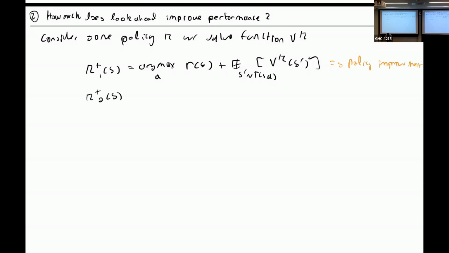So pi plus 2 of s is going to be the argmax over a of R of s plus the expectation over s prime drawn from T of s, a of V pi plus 1 of s prime.